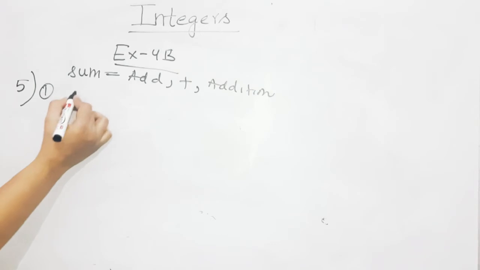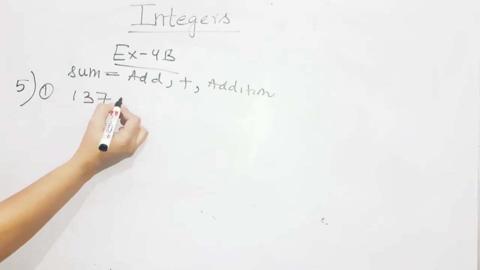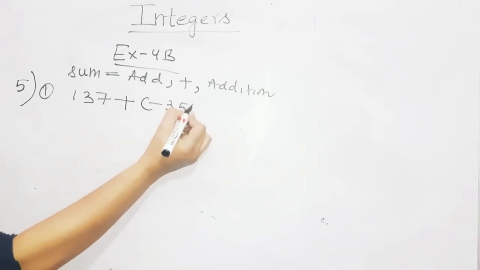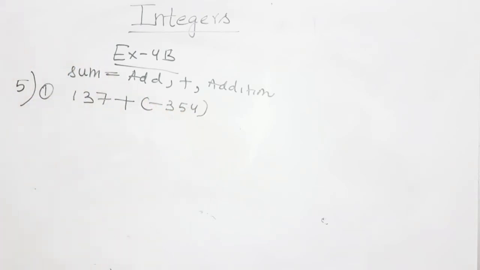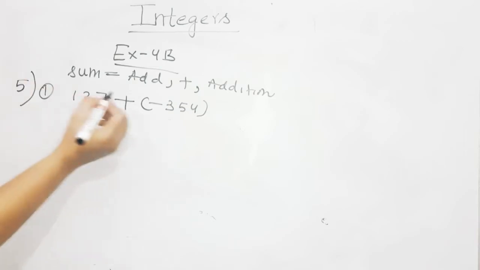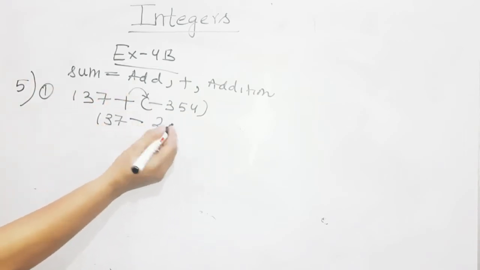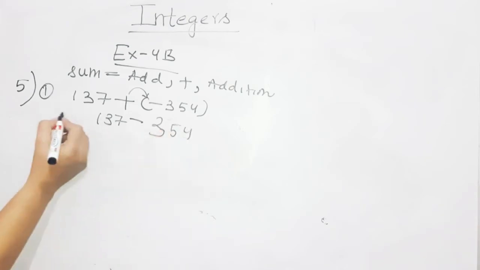The first option is 137 and minus 354. So what do we have to do? We have to add. So minus 354 will be written in a bracket. As I have told you, one integer is positive, one integer is negative. Plus minus is minus, right? So 137 minus 354.